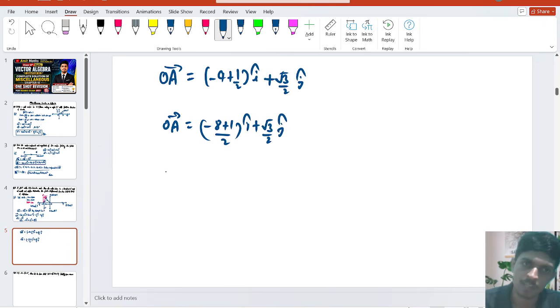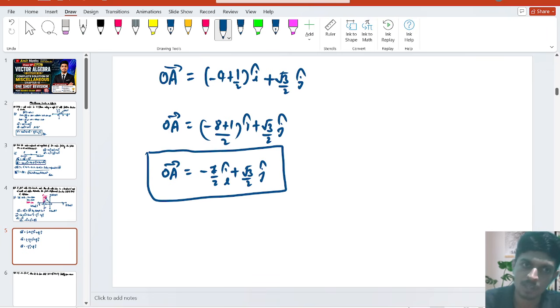Just simplify it, you get minus 7 by 2 i cap plus root 3 by 2 j cap. Sorry, this is i cap. So this is our final answer.